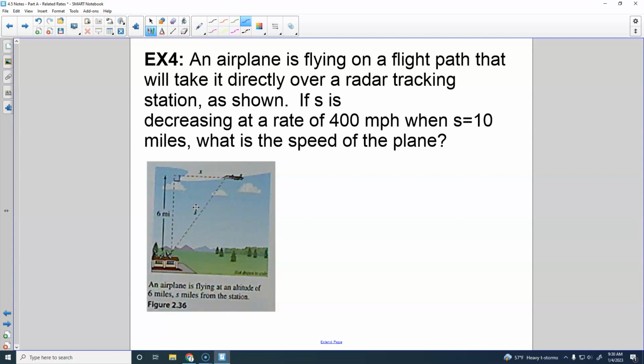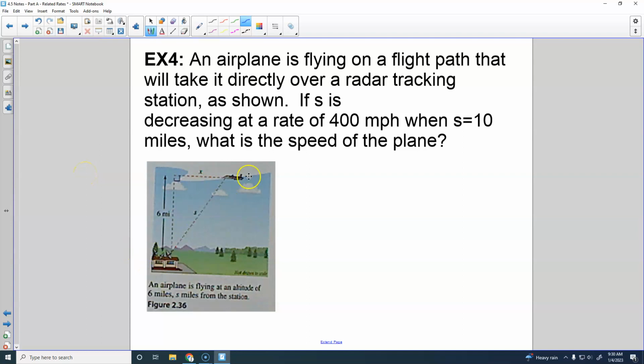So it's dealing with the distance to the plane from where it's at, not the plane's actual speed relative to the ground. But it wants to know the speed relative to the ground.